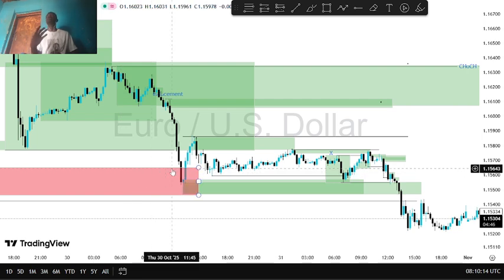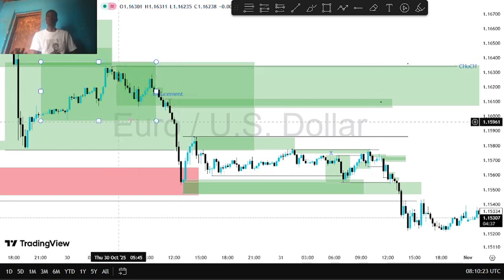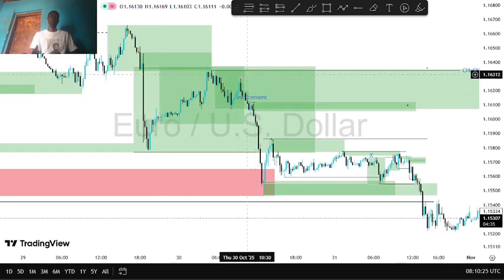We didn't really have any structure that we would deem to be a fractal or an internal. This one was just a whole draw from the 15 minutes, so just a string structure.